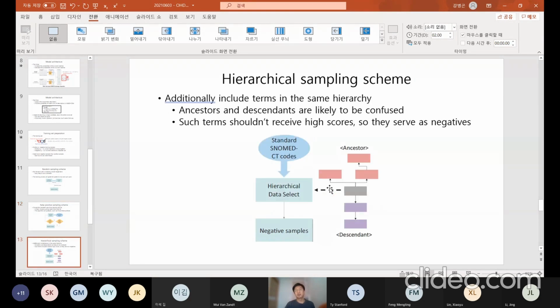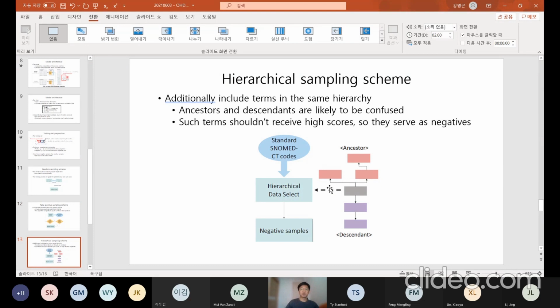The last one is somewhat specific to certain data sets, and we call this the hierarchical sampling scheme because we're taking advantage of the hierarchical nature of the term set. The reason we thought about this was mostly due to the way SNOMED CT is structured.